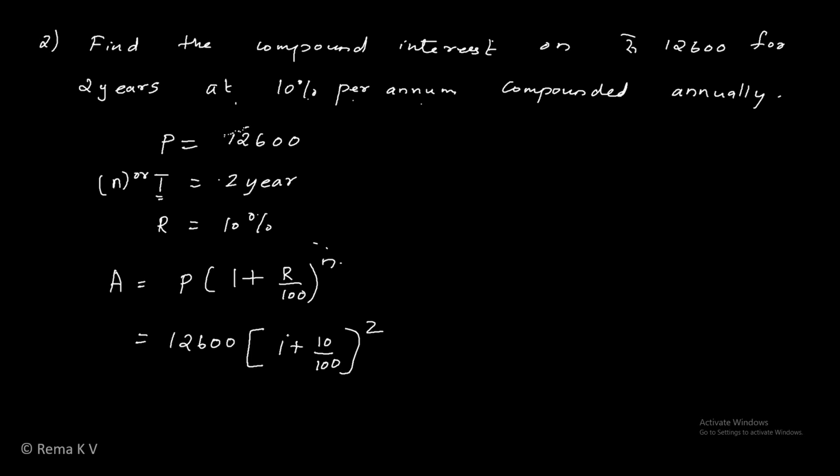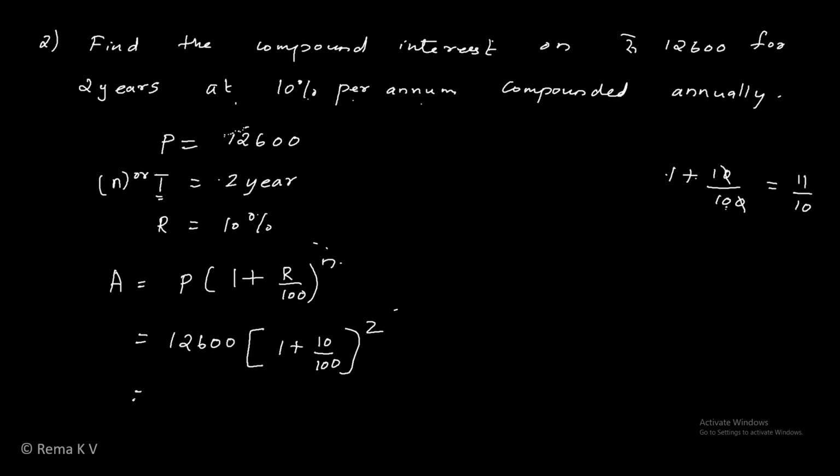So let us simplify this. 1 plus 10 by 100, this 1 0 gets cancelled. 10 is the denominator here. Taking LCM, 10 plus 1, it is 11 by 10.